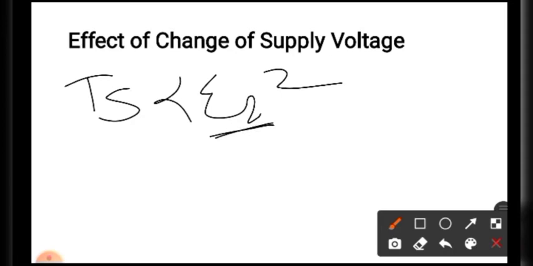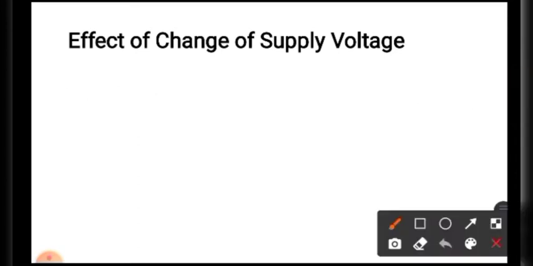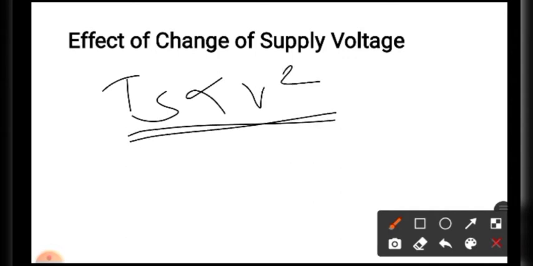Here the value of rotor EMF can be replaced by the supply voltage, because rotor EMF is directly proportional to the supply voltage. Then the equation becomes Ts is directly proportional to V².